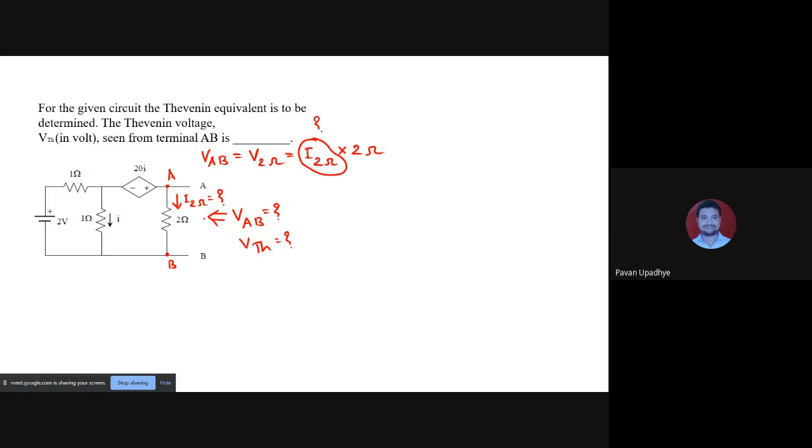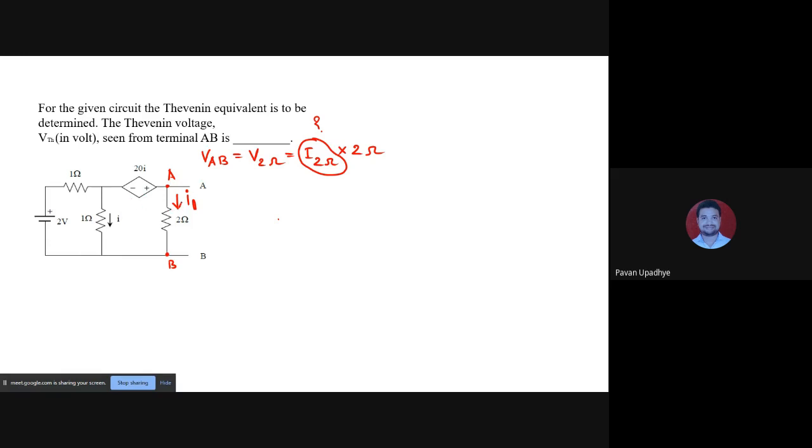Let us call this current something very simple so that we don't write complicated equations. We know that this current is to be found out. Let us call it I1.